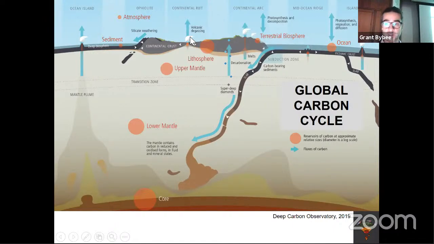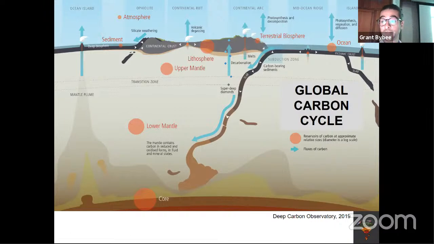Of course, there are also other fluxes, for example metamorphism, especially in convergent margins or elsewhere. In any case, the point I want to make is that we have quite a robust understanding of the global carbon cycle today, including well-constrained values for many of these fluxes, though not all of them.